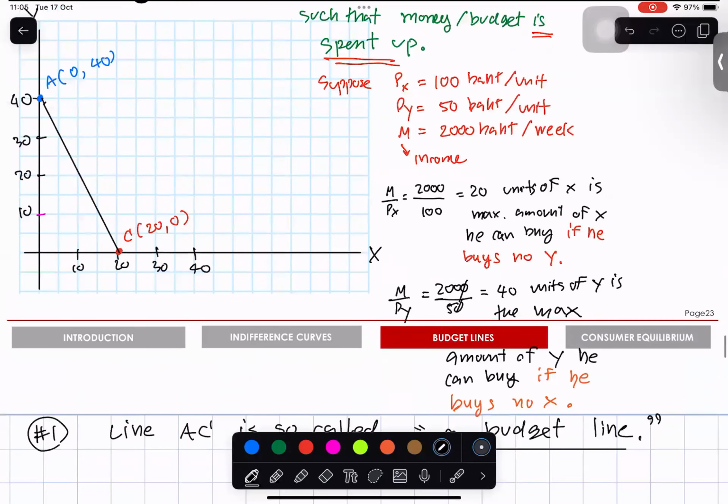A and C are extreme baskets such that money is only spent on one of the two goods. Shall we see an average basket like this one?